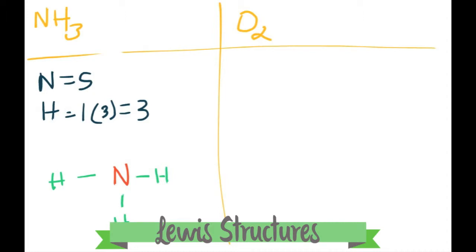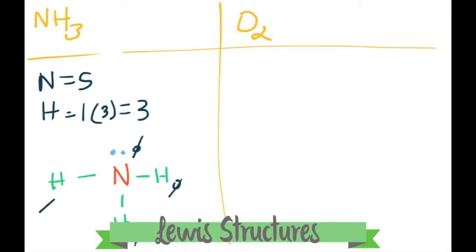As we can see, there is one valence electron allocated to each hydrogen, making it have a formal charge of 0. However, nitrogen is still missing 2 valence electrons, so we can easily plot them right here, without the need to add another bond. That way, the formal charge of nitrogen is 0, and our Lewis structure is complete.